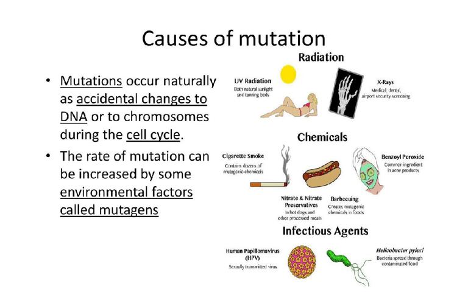Now, causes of mutation. Mutations occur naturally as accidental changes to DNA or to chromosomes during the cell cycle. The rate of mutation can be increased by some environmental factors called mutagens.